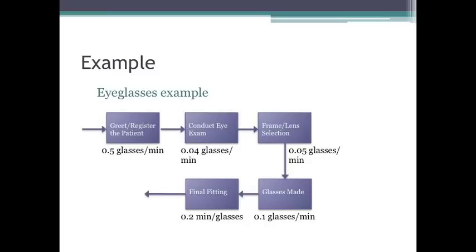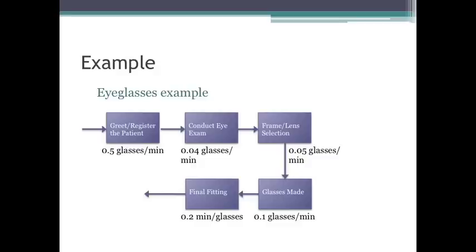Now, here's a visualization of the process. We have 5 steps. We have a throughput rate for each step. This is not a particularly good process. A good way of thinking about it: the greet and register the patient step takes 2 minutes to get done, and then they're waiting for the next 23 minutes.